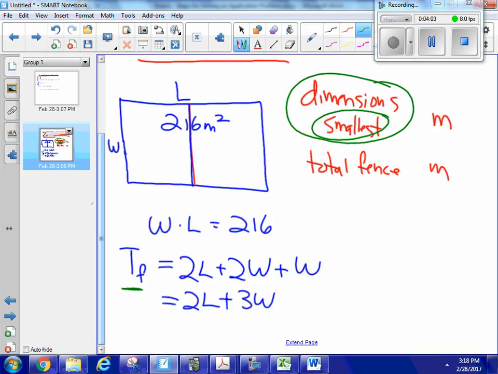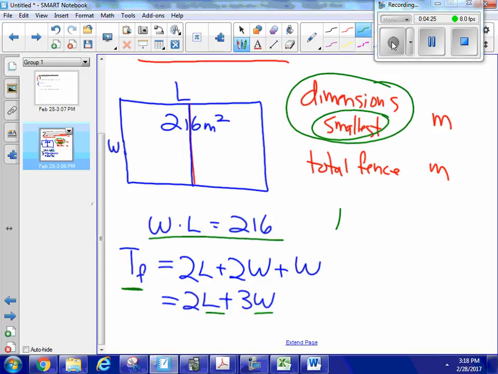But I have a problem in that the total fence here is a function of two variables, length and width, and I only know how to do calculus if I have a function of one variable.